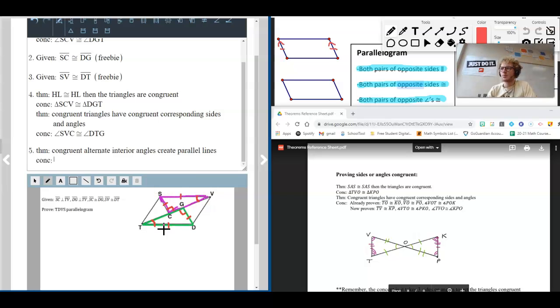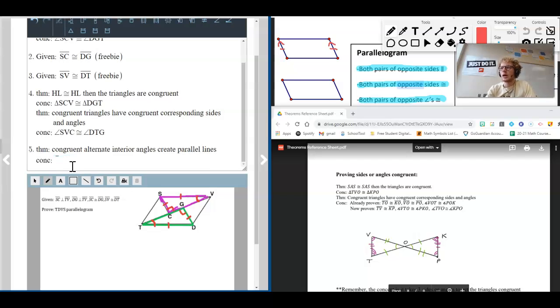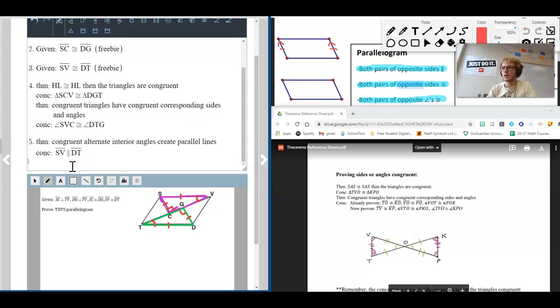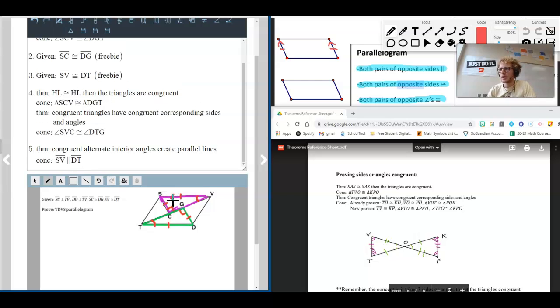We know that we're trying to prove these 2 sides also parallel. So SV is going to be parallel to DT. Cool. So now we can draw on our diagram, show that yes, we have this as parallel. Sweet.